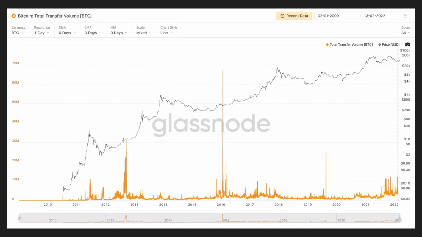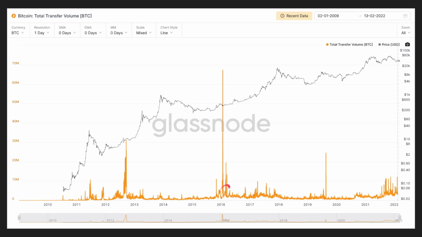So here's another example from Glassnode. This is the Bitcoin total transfer volume. We do see specific spikes in the total transfer volume. For the most part, it's small amounts, right, in terms of Bitcoin. So the total transfer volume generally is low.